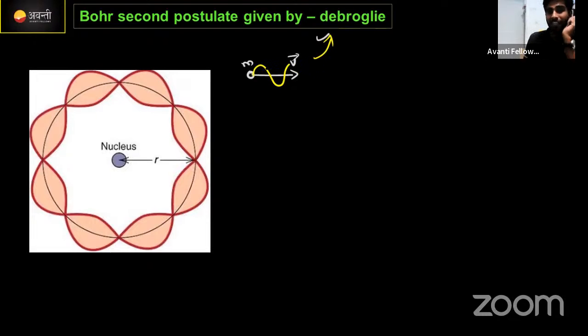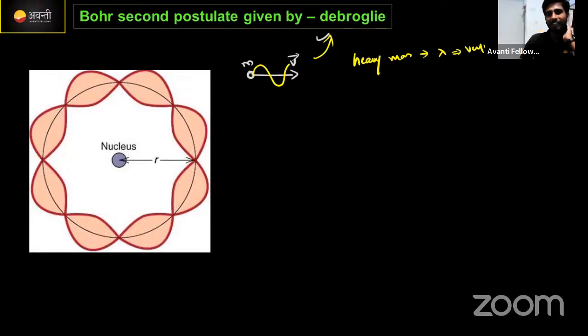Similarly, if you take a heavy mass, the wavelength value will become very small. I solved this problem by taking the mass of a man.